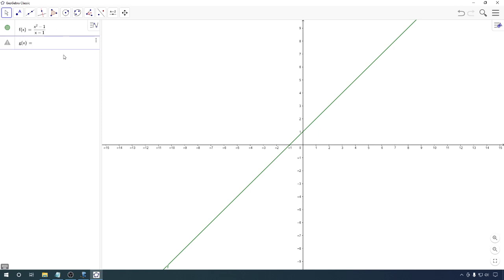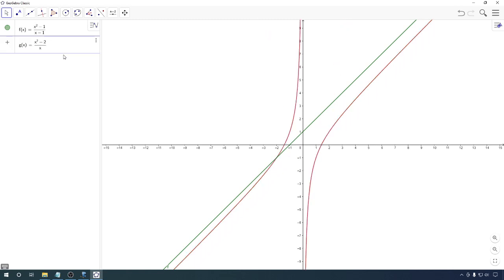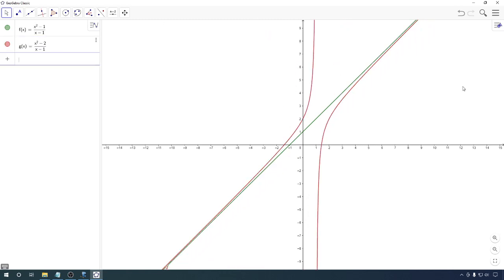If we plot the other one, we have x squared minus 2, which we're dividing by x minus 1. This time, it definitely does not look like a line. And if we look at what's happening at 1, just let x equals 1, that's this vertical line. It's showing everything around that vertical line, which is what's happening to these functions around x equals 1.